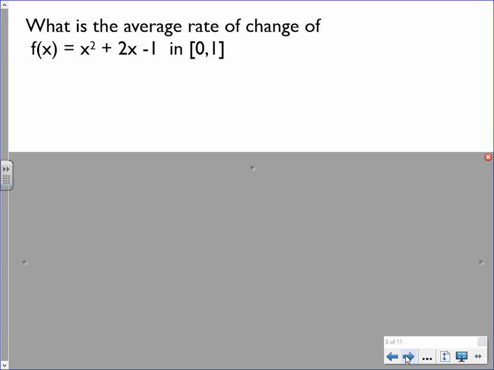So go ahead and write this down. F of x equals x squared plus 2x minus 1. And we're going to find the average rate of change from 0 to 1.